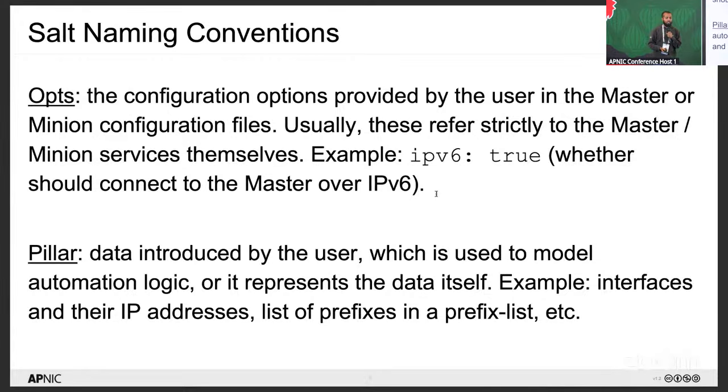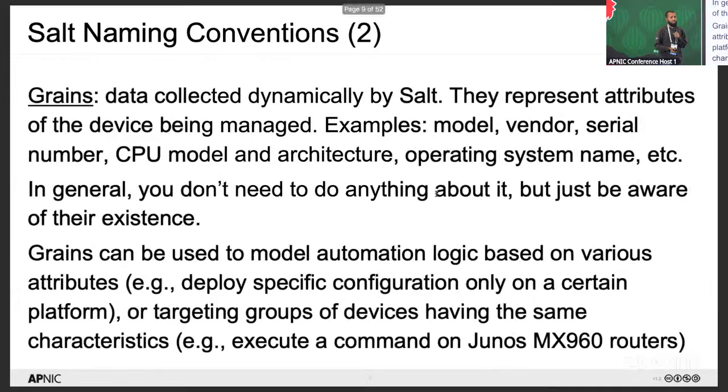The other one is the grains. Grains are information that's collected from the target device, because the minion as an agent is always talking to the device, the corresponding device that it is managing. That means from the inside, it can collect many different pieces of information. Whoever runs Ansible, you probably know that this is called facts in Ansible.